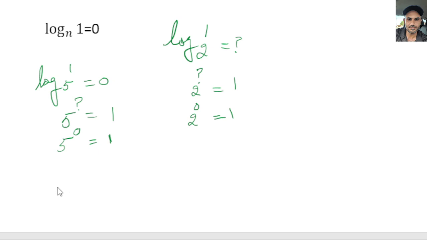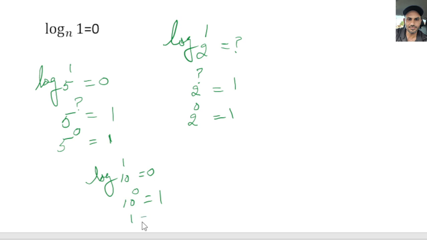Okay, so let's do a few more examples. We have log of 1 with respect to base 10 is equal to 0 as well, because 10 raised to the 0th power is going to be equal to 1.